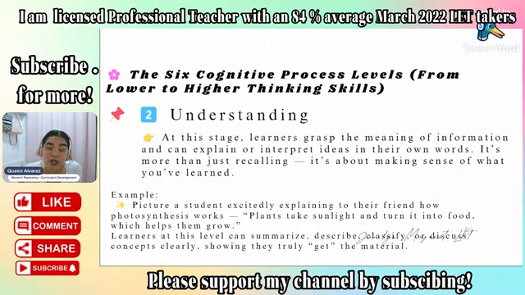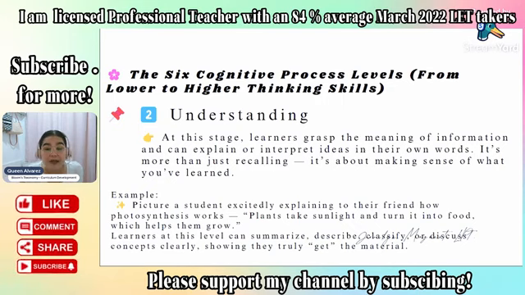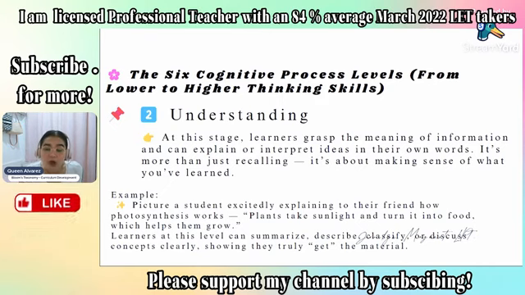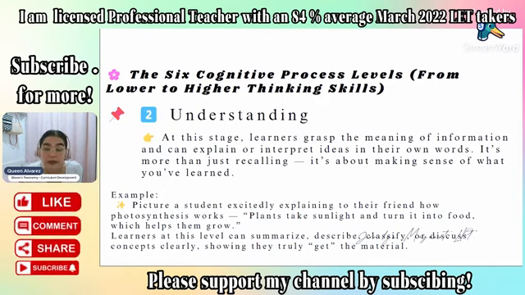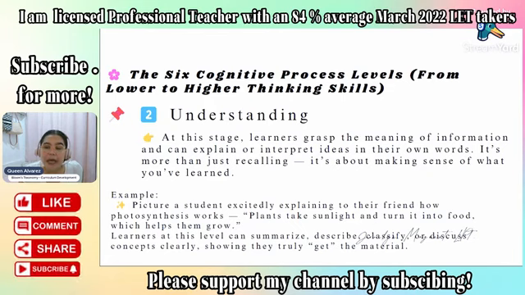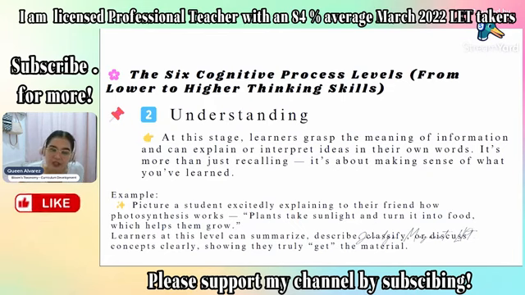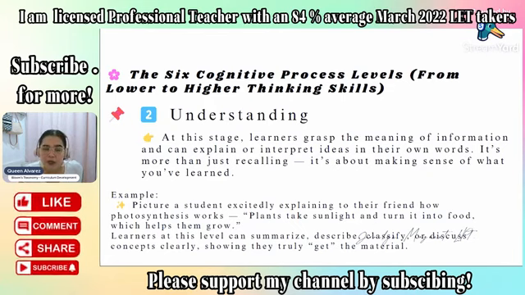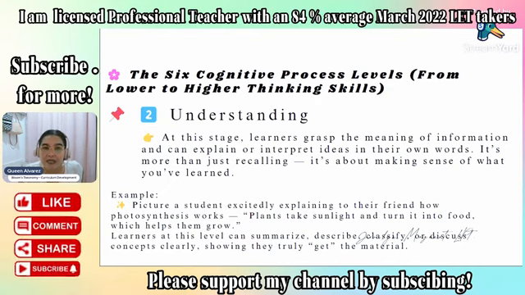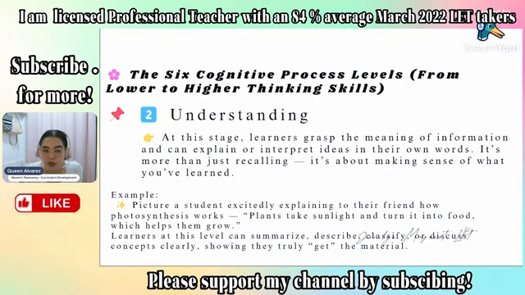At this stage, the students are able to understand, describe, summarize, classify, or discuss concepts clearly, showing they truly get the material. So here, the students can understand things like, for example, a while ago, 8 plus 4 times 2 equals 8. So they can understand how it comes to get the answer 8.